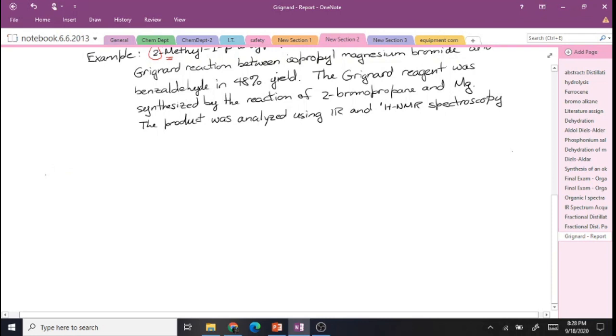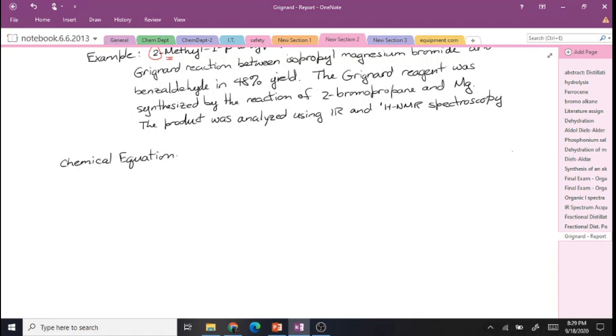The next part of the report is the chemical equation. You should all be familiar with this by now. You do need to use some sort of drawing package, and you do need to report all reactions that you performed. You may have in the readings reactions that you did not do. You don't need to put those in, but the ones that you actually did.